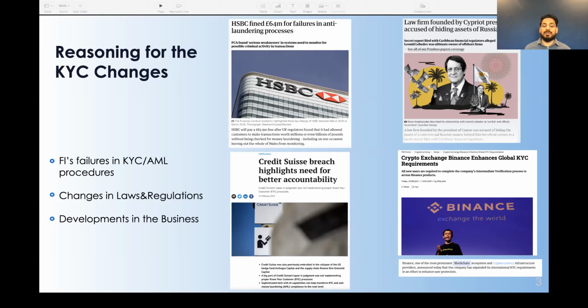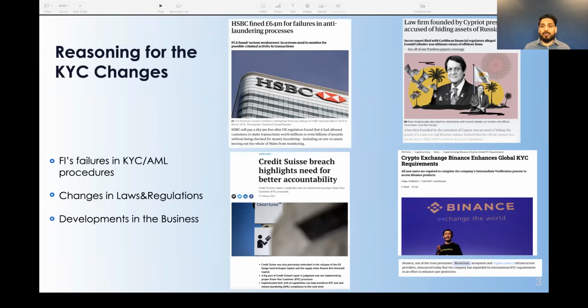Also, developments in the business. As I mentioned, you have seen an increase of cryptocurrency companies and fintechs over the past years. And even though it has increased where you can buy cryptocurrency for yourself or for other people, the ways of laundering money, fraud activity, and scam activity have also increased in this area, in the cryptocurrency field or in the cryptocurrency exchanges.